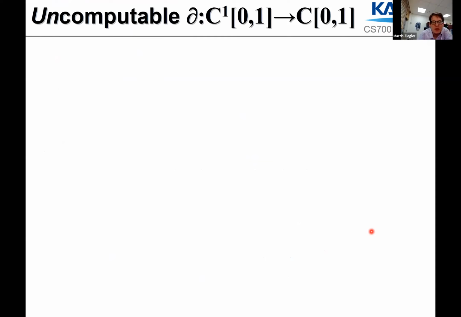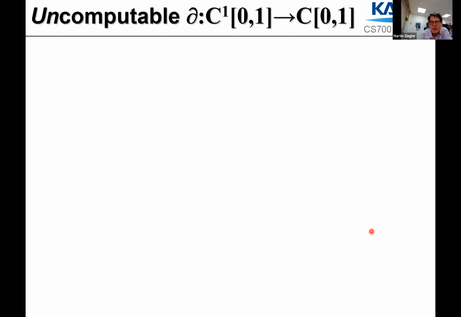And we start with the Myhill example. We're going to construct a function which is computable and continuously differentiable, that is of class C1, so that its derivative is not computable. Okay, let me say that again.